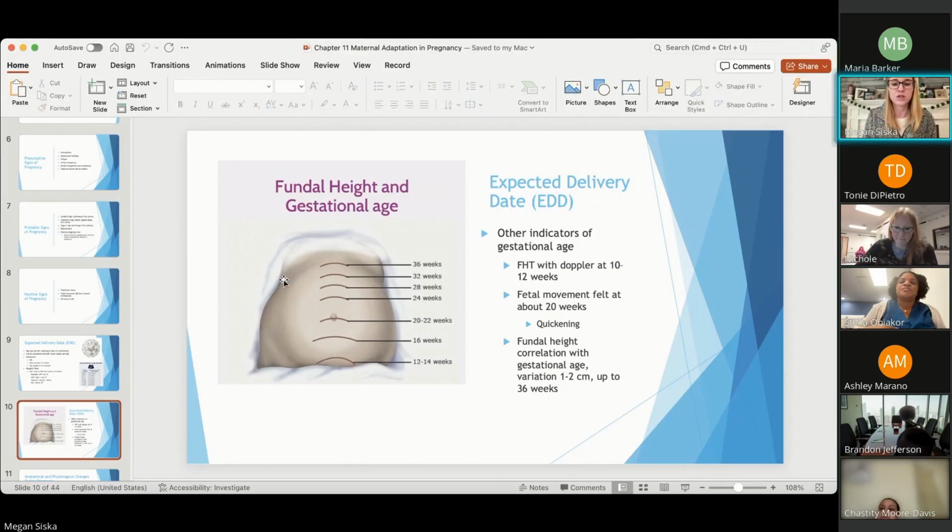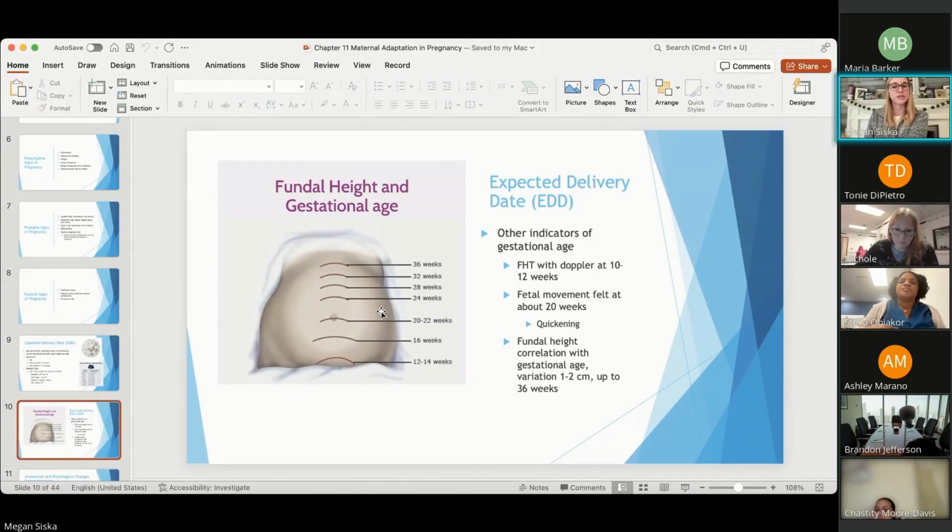Another thing that we can do is a fundal height. So that's what's showing you over here. A fundal height is measuring the fundus. The fundus is the top of the uterus. As baby grows, the uterus grows, and that fundus comes up, up, up into the abdomen. And so we can measure the top of the fundus, and that measurement correlates with how many weeks gestation that person might be.